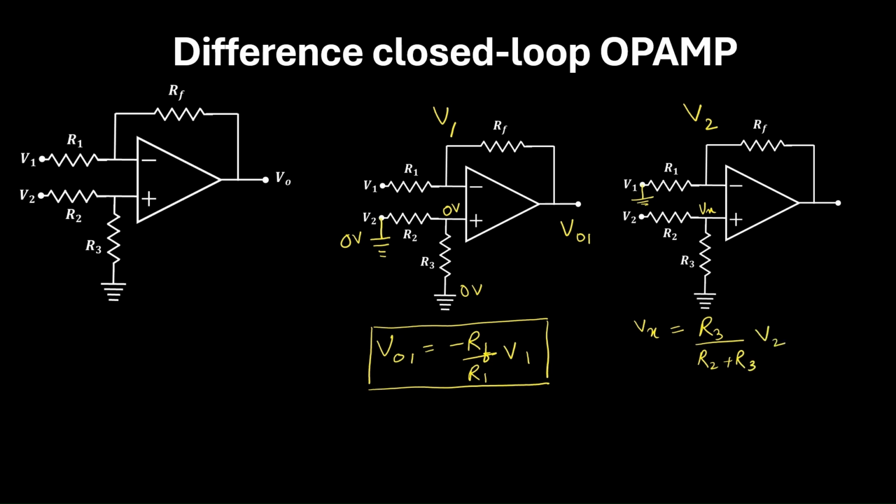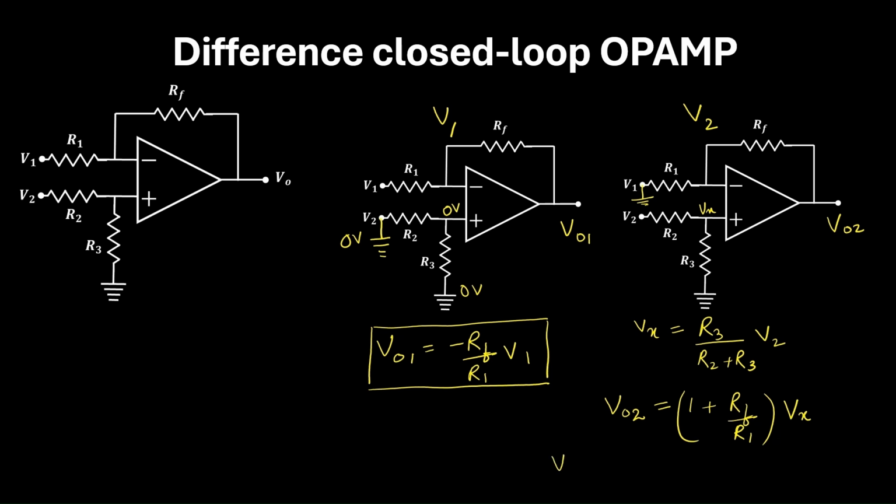Now for this Vx, this circuit is closed loop non-inverting. So the output V02, we can write here V02, is equal to 1 plus RF by R1 into, see, here it will be Vx, not V2, because Vx is the voltage applied at the non-inverting op-amp terminal.